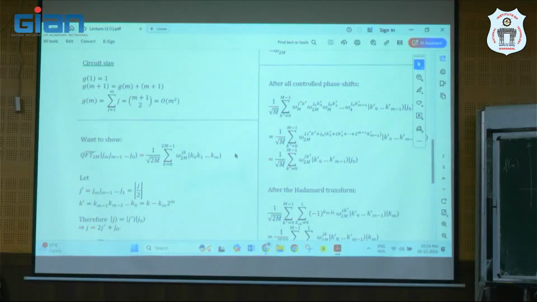Correct? And what is K prime? K prime is where you get rid of the most significant bit. That is K minus Km times 2 to the m, because the most significant bit represents Km times 2 to the m. You get rid of that, and that is your K prime. Agreed?